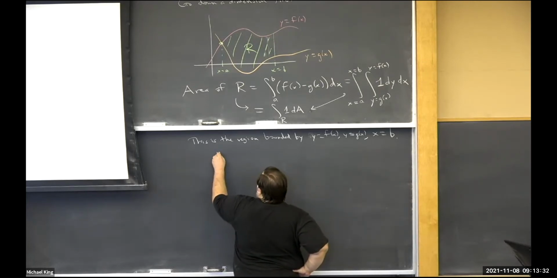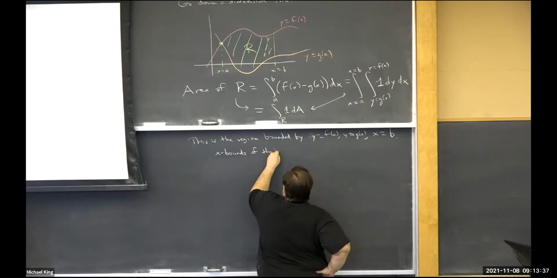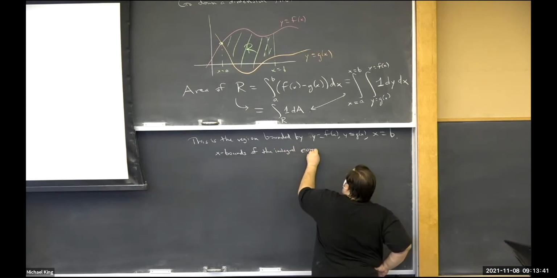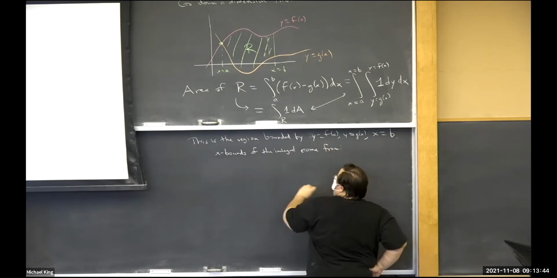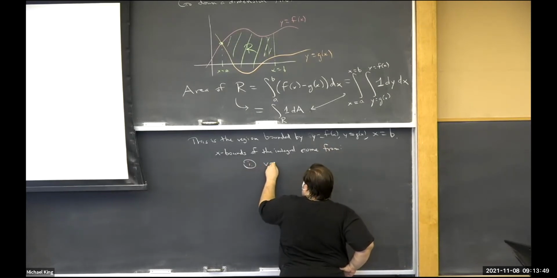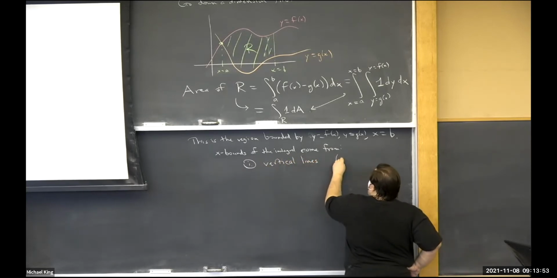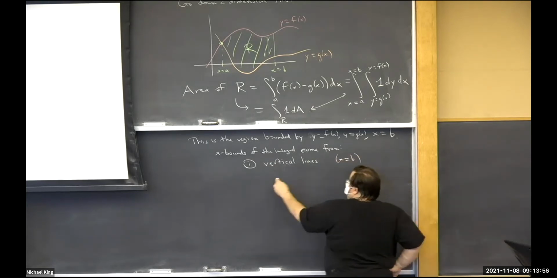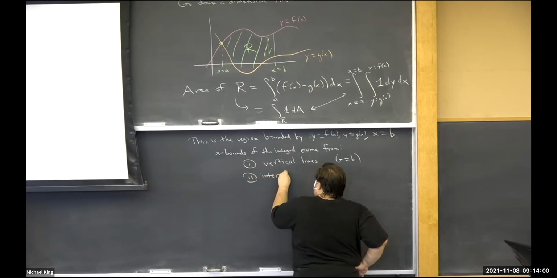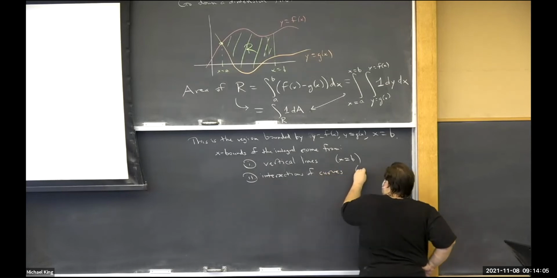So the x bounds of the integral come from either vertical lines, here x equals b, or intersections of curves, which in this case gives you x equals a.